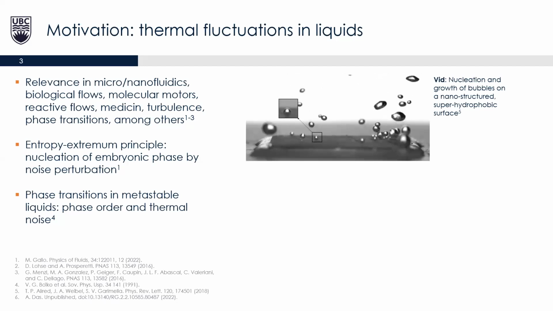You can look into a host of different physical phenomena, and one of them is thermal noise. So in my PhD, I wanted to try to figure out how to model this with the LBM, but from a different perspective.